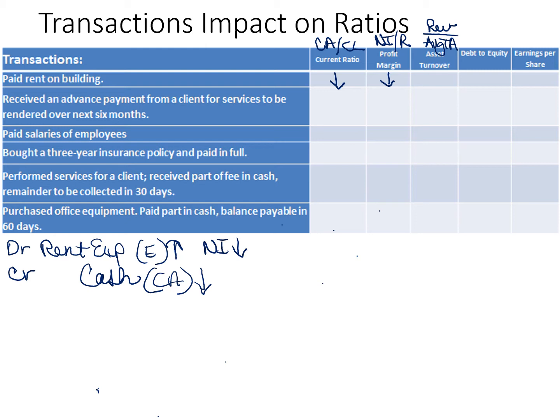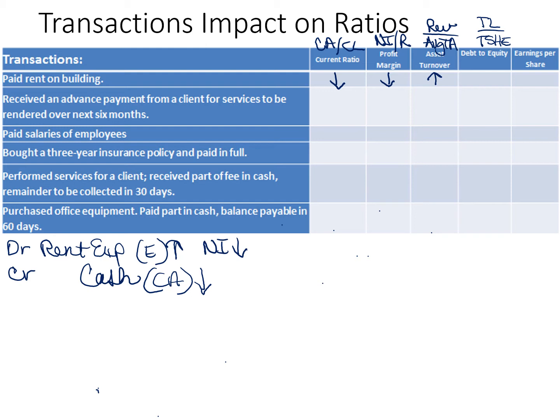Revenue is not impacted by this at all, but total assets shrink, don't they? Because cash is going down, total assets are going to go down, so the asset turnover is going to go up. Debt to equity is total liabilities over total shareholders' equity, or total equity.